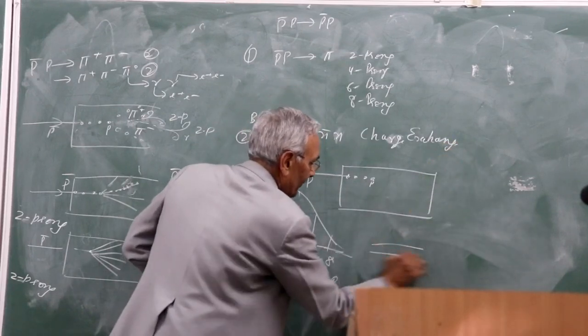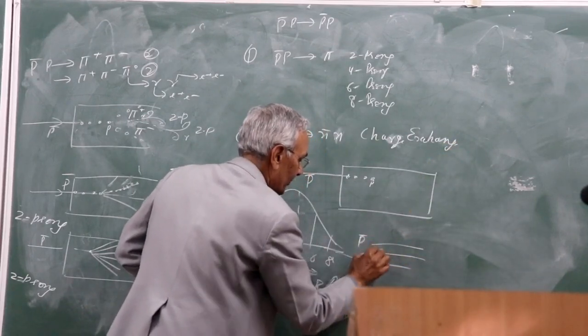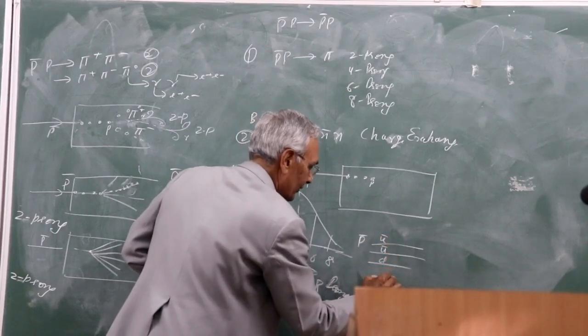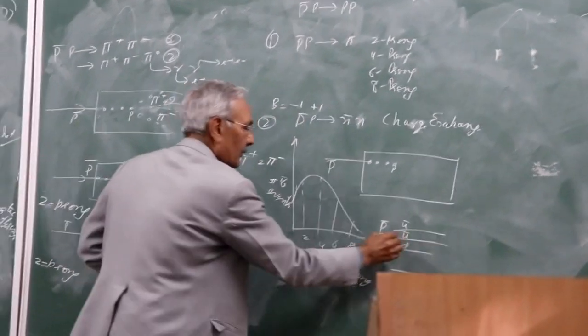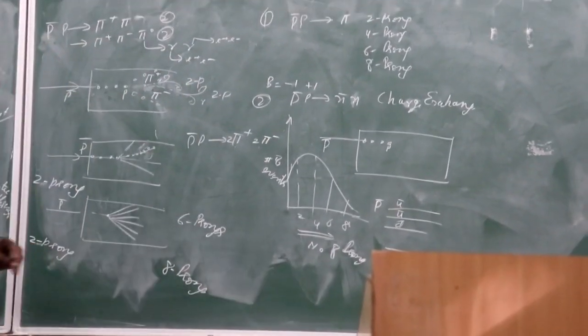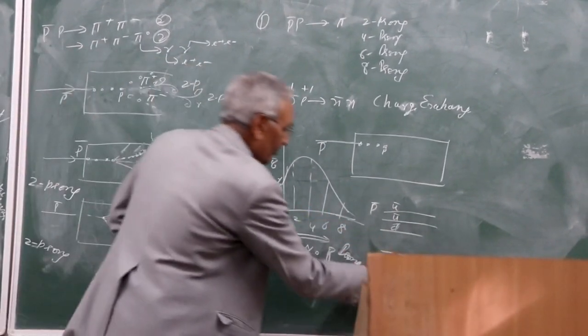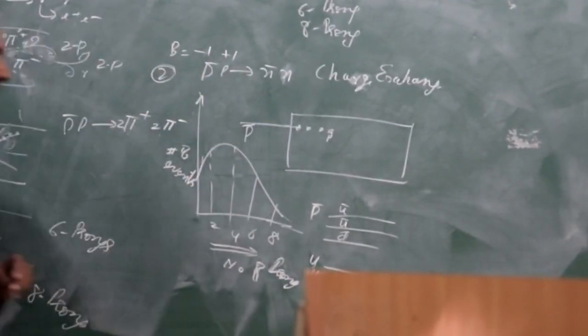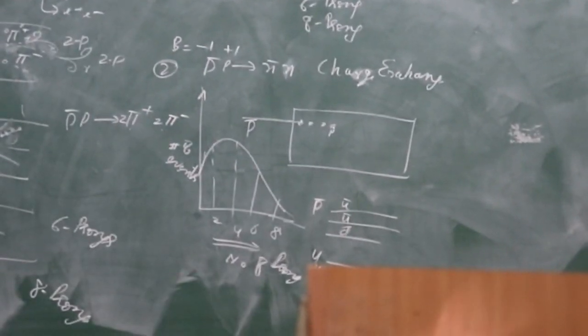So it is coming from antiproton, this is U bar D bar. Then you have the proton. Okay.